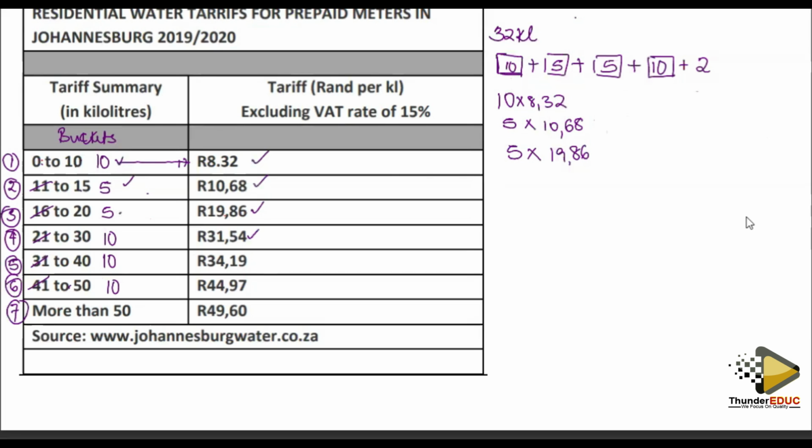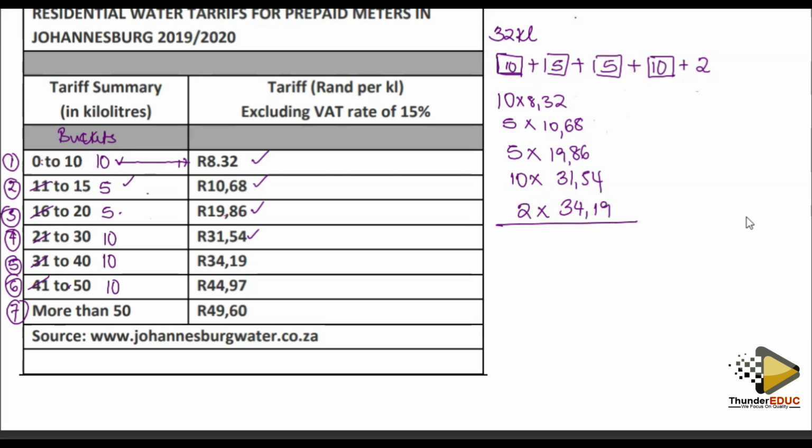Then bucket number 4, which is 10 times 31,54. Then bucket number 5, the person has not used the 10 of them. They have only used 2, so it's the 2 that has to come here, times 34 rands 90 cents. This is how we do it.